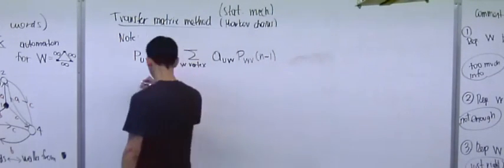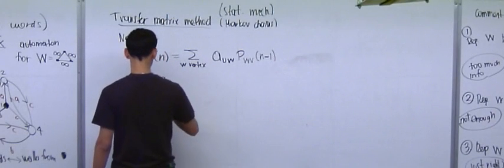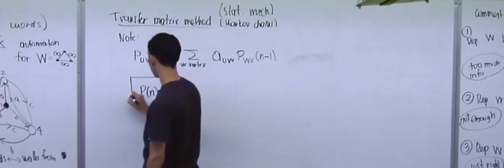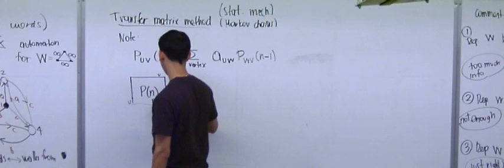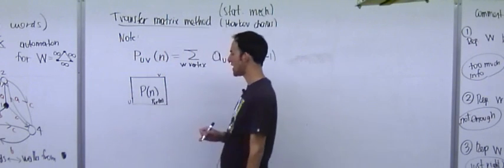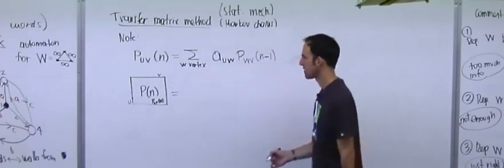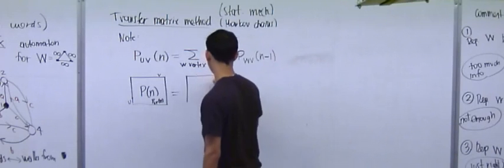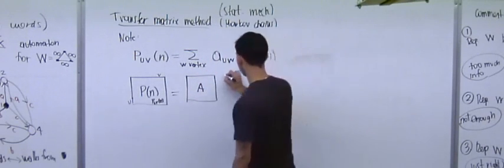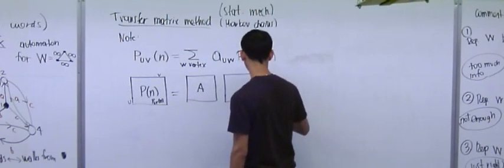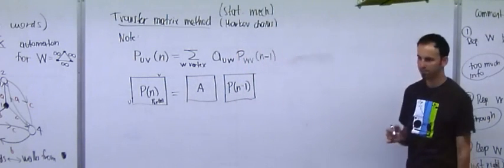So if I made a matrix, and let me call it P of n, and in this matrix I record for each U and V the number of paths between U and V with n steps, then this matrix is exactly going to be equal to the adjacency matrix times the same matrix, except it's going to be the matrix for n minus 1 steps.